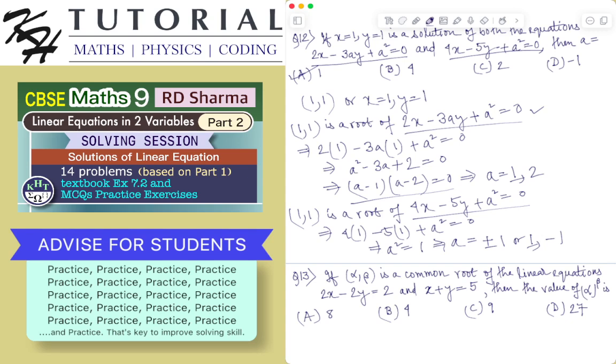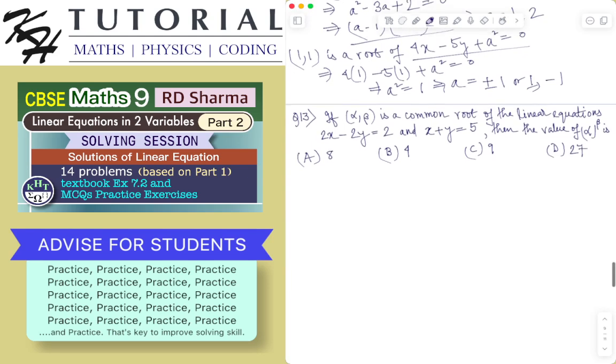Also, if I put a equals to minus 1 in both the linear equations, then the ordered pair 1 comma 1 will satisfy the second linear equation, but it will not satisfy the first linear equation. Okay. Let's see the next problem.